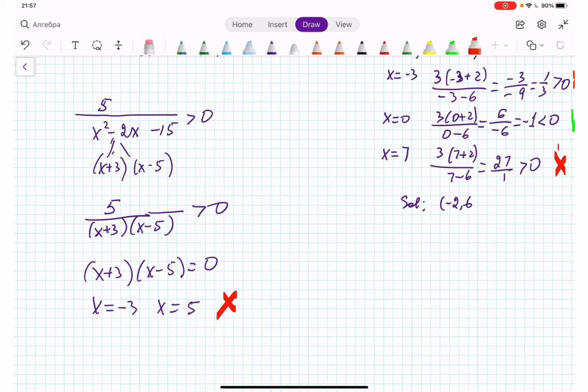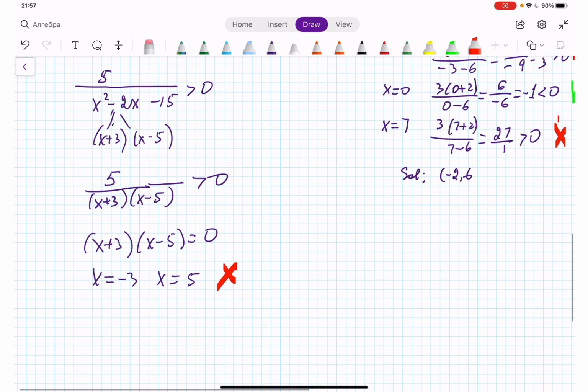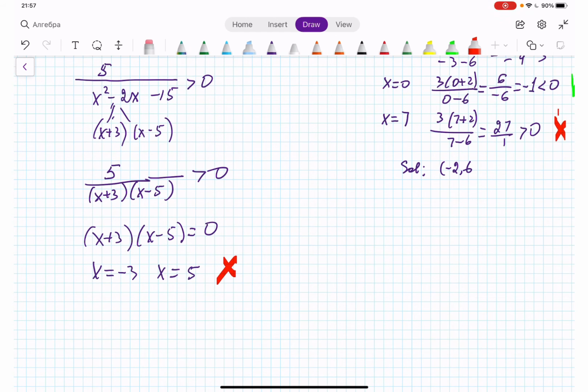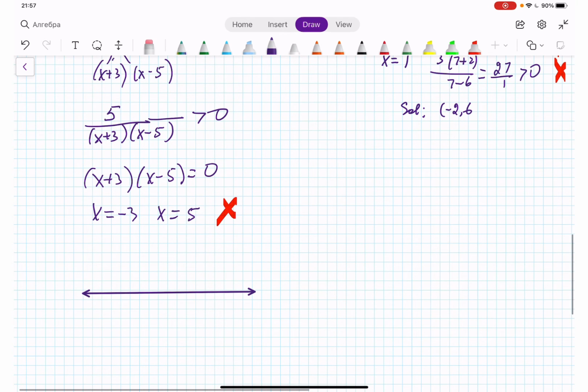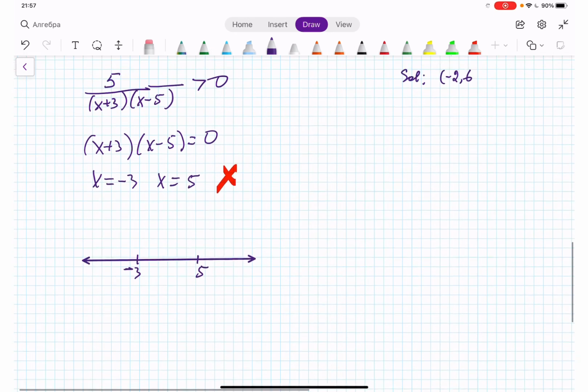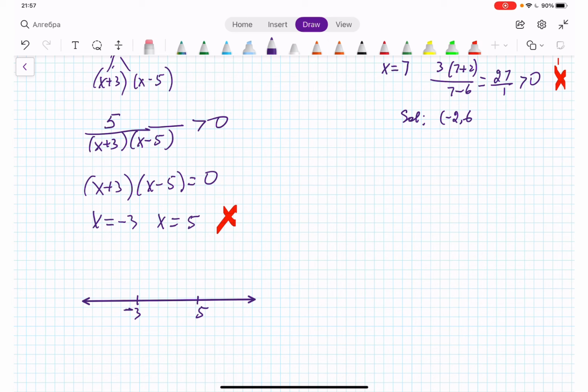Okay, but let's see what's going to happen in between critical points. So this is negative 3. This is positive 5.